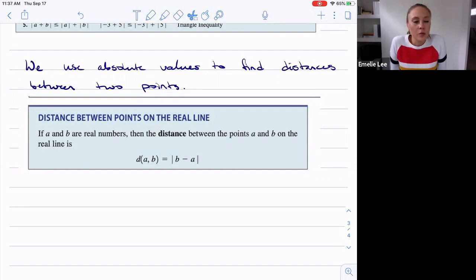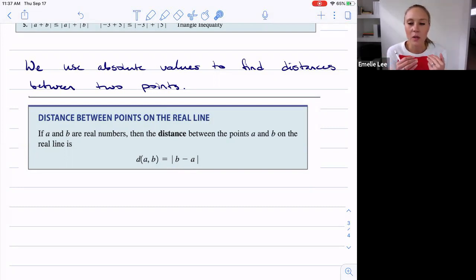So if you've got 2 points A and B, and I'm going to assume that A is less than B, then the distance between A and B is going to be the absolute value of B minus A. If I ask you the distance between 4 and 10, what you're going to do in your mind is say, okay, 10 minus 4 is 6, so the distance must be 6.